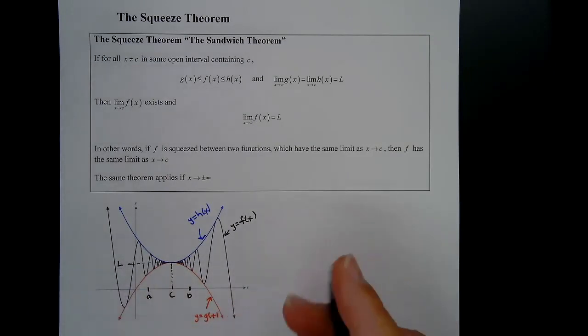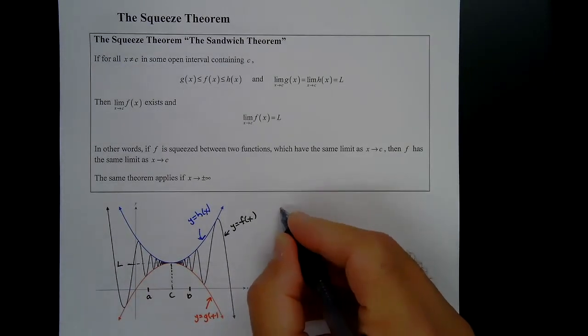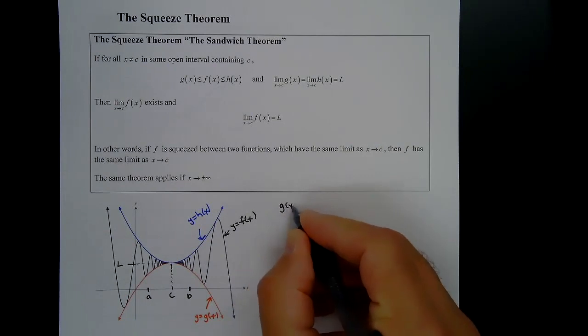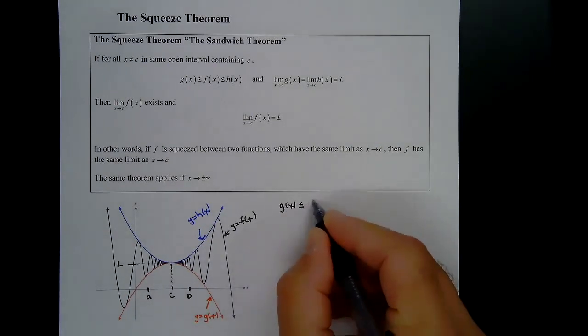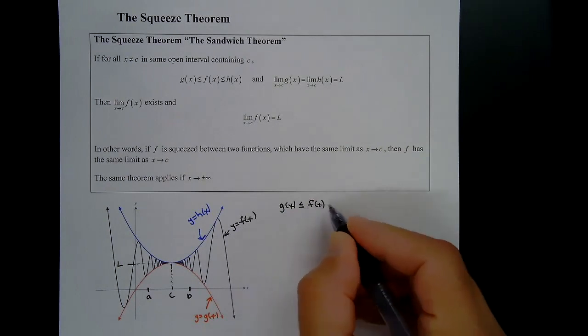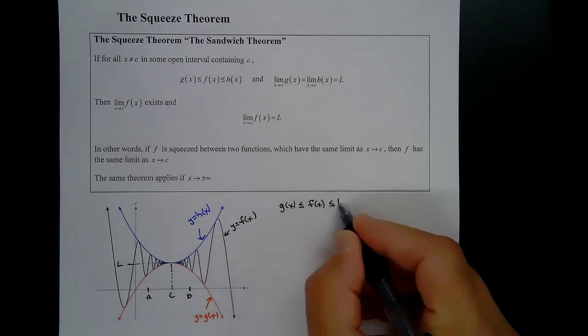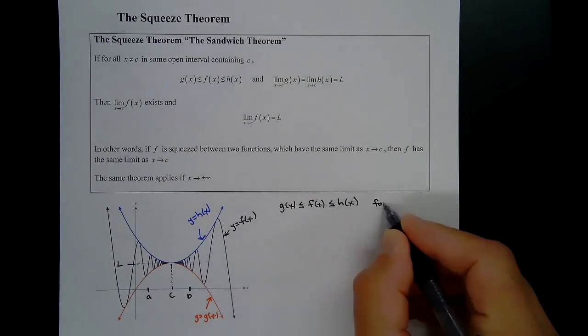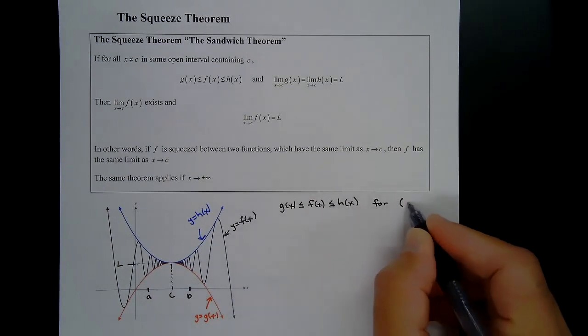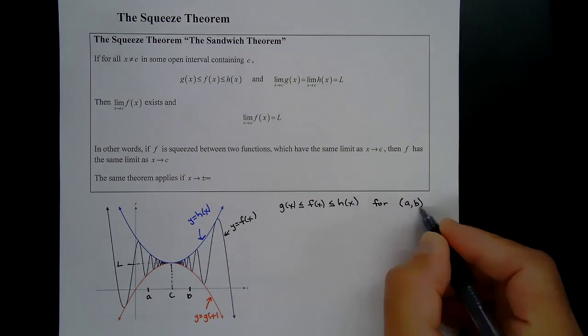To do this, we have to show that g of x is less than or equal to f of x, which is less than or equal to h of x, and this open interval that we're talking about is a to b in this case.